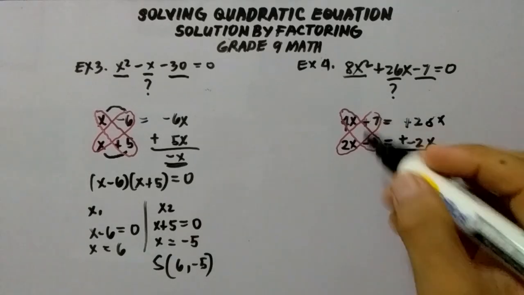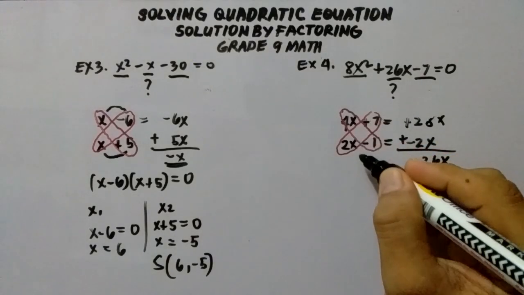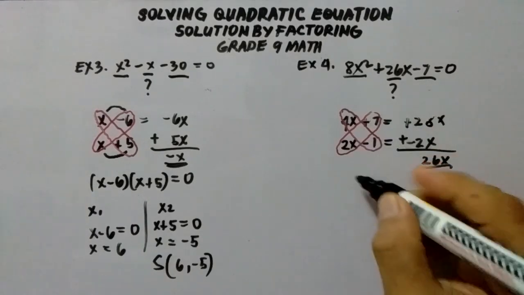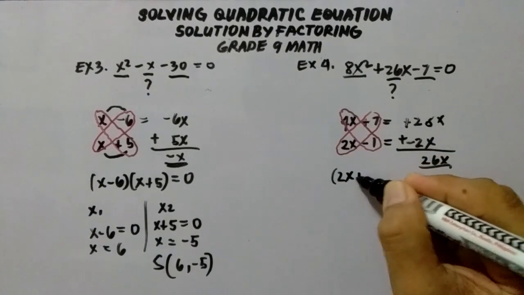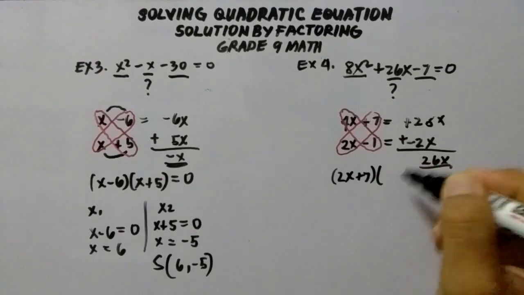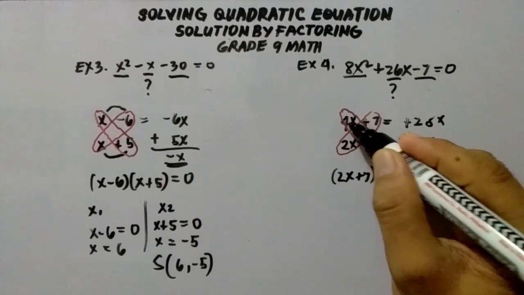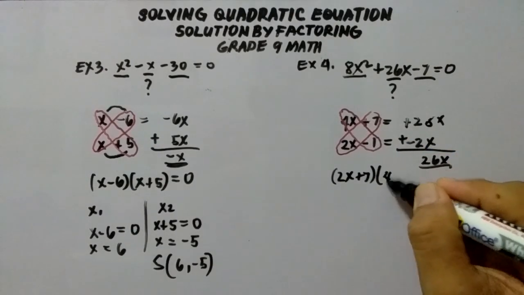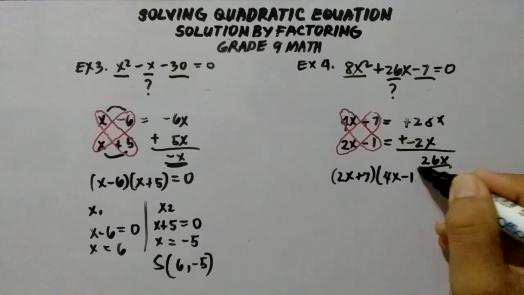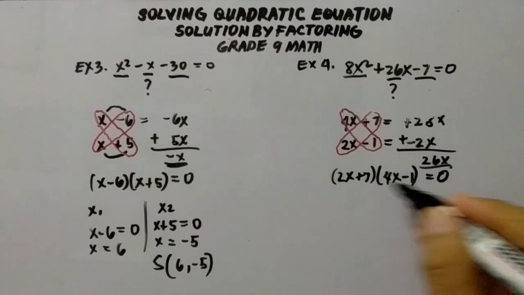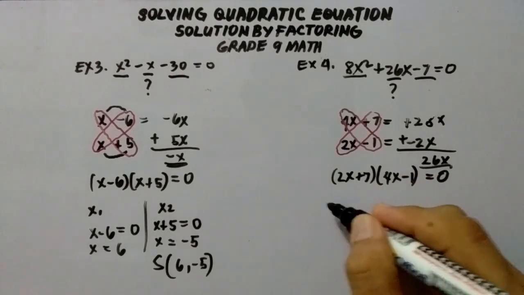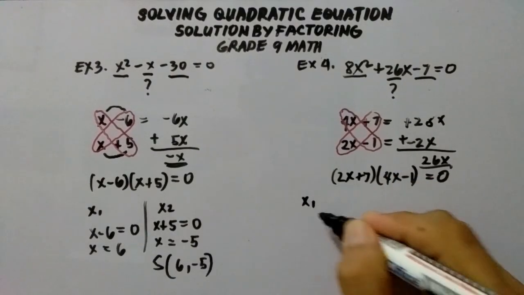Okay, so we have the first quantity here, 2x plus 7. Okay, quantity, 2x plus 7. Then times the second quantity, we have 4x minus 1 is equals to 0. Then let's find the value of x. So we have x of 1.